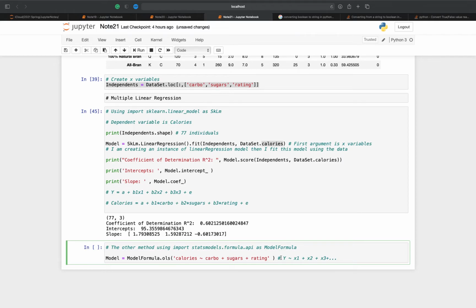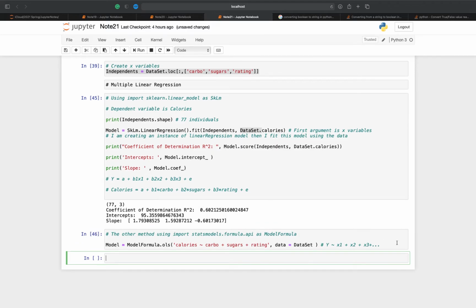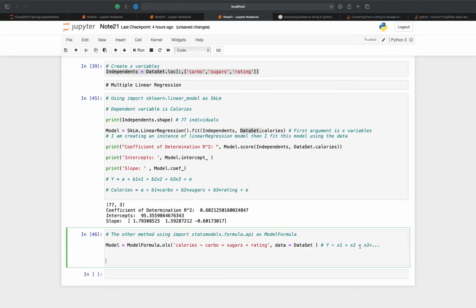Okay, so what I need for this one, well, I need to mention my data set, right? Without the data set, how will it be clear what data set I'm getting these variables from? Okay, so I'm going to do this. If I run this, I have a model that I haven't fit yet. But if I write dot fit with parentheses, I'm going to fit the model.